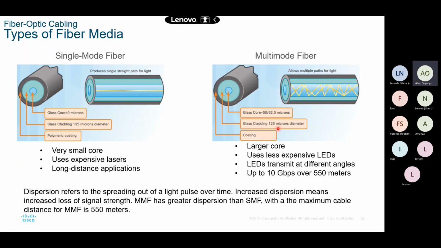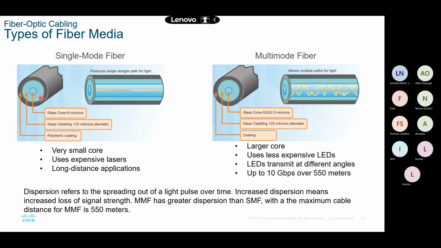Of course, we have the multi-mode fiber, which has a very large core. This one uses the LED, the less expensive LED light technology. You can see it has multiple rays introduced into the core. The core you're seeing there is actually the glass, the small glass core. That's the one that is one strand of your hair.